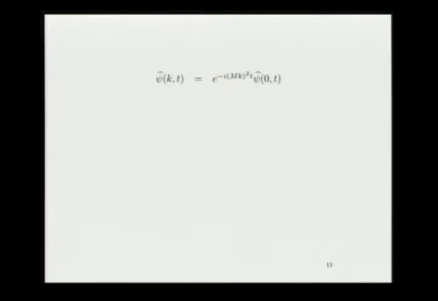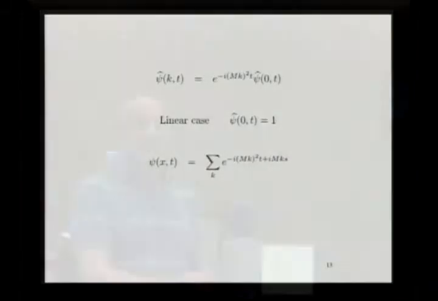So now the question is, what is this number that depends on time? Well, you plug it into the equation, you compute it, and it's very easy to see that it has to be 1. So the final conclusion is that this is the solution, something, of course, we knew from the beginning. This is the Fourier series.